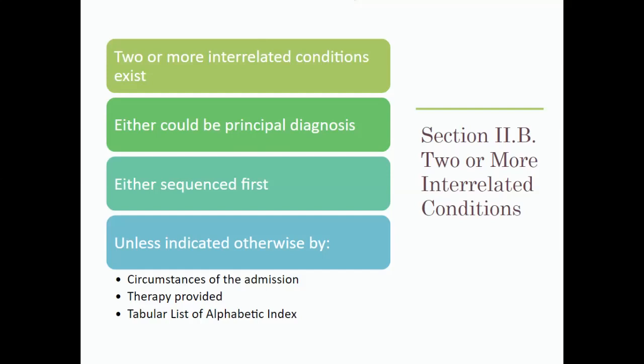This is true for both inpatient admissions and outpatient visits. Neither code should be listed as principal, so the order does not matter. Either code. If it's two equally related ICD-10 codes, either can be listed as the principal diagnosis.